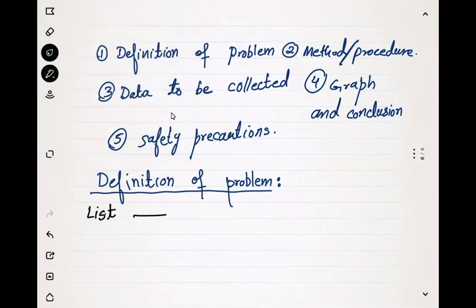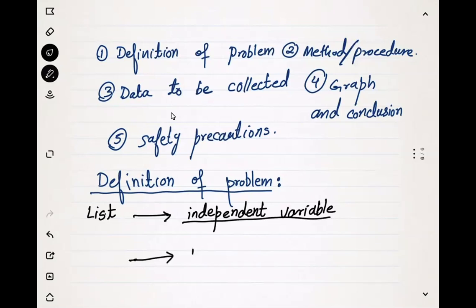First of all, the independent variable. It is a variable that you are planning to change. To conduct the experiment, you will change this variable. Then select the dependent variable, on which you have to observe the change.